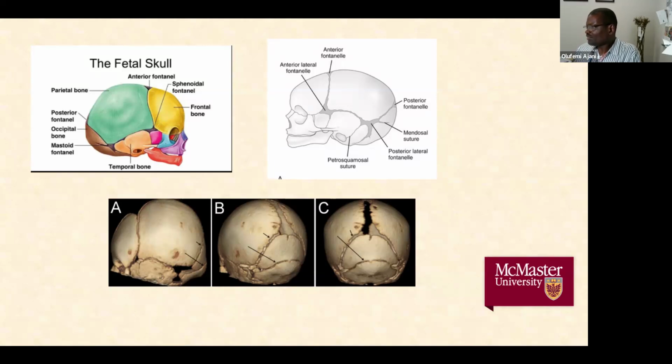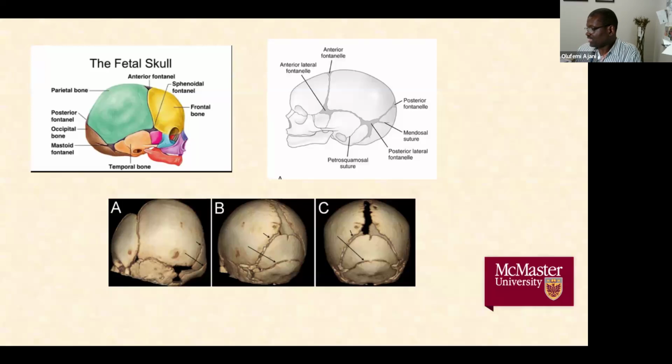And as such, you have compensatory growth in the anterior-posterior direction, and you have an oblong head shape, which is called scaphocephaly.